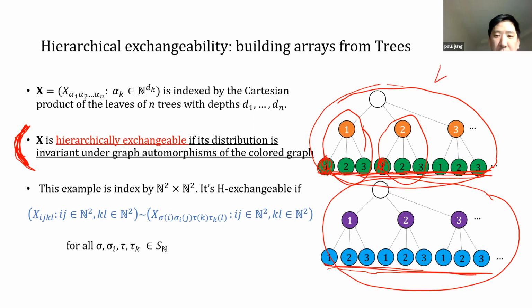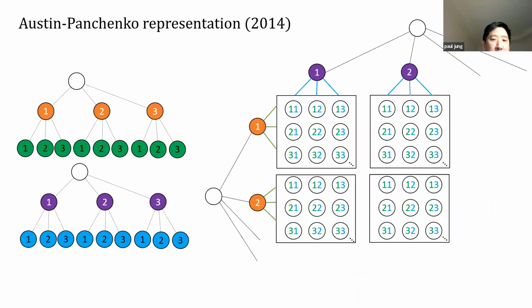Recall that each of these trees is a two-dimensional array. So there's a two-dimensional array, and this here is a two-dimensional array. And so when we cross them, what we get is a four-dimensional array, which is indexed by n squared cross n squared.